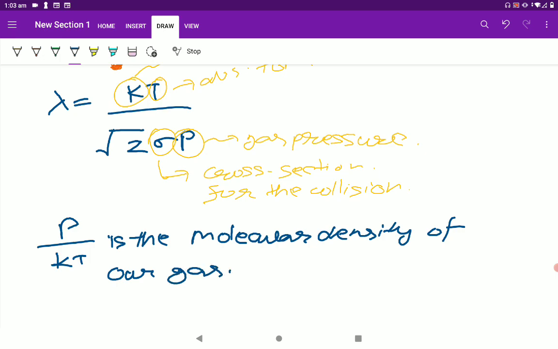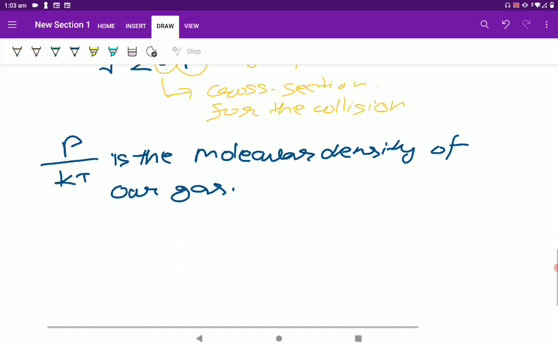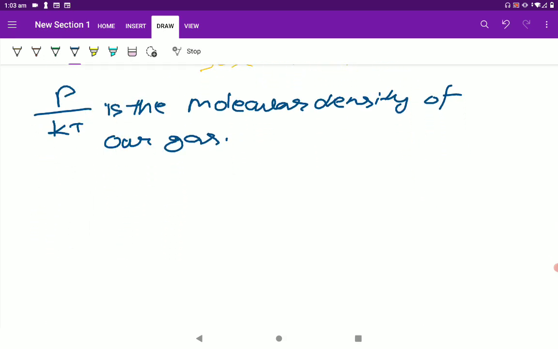So kT by p is the reciprocal of the density, that is 1 by rho. So the larger the density, the shorter the mean free path.